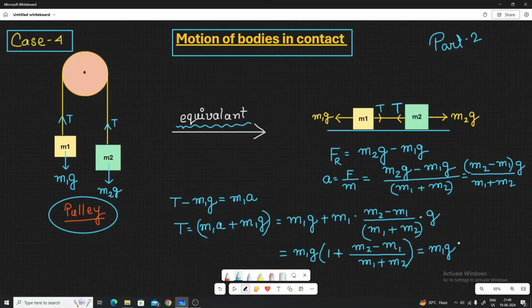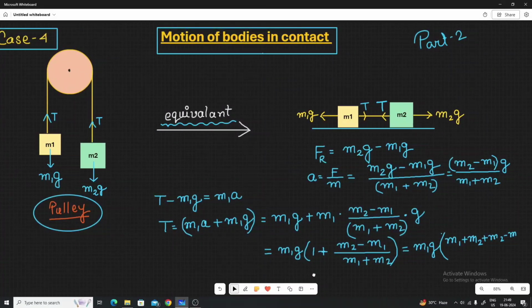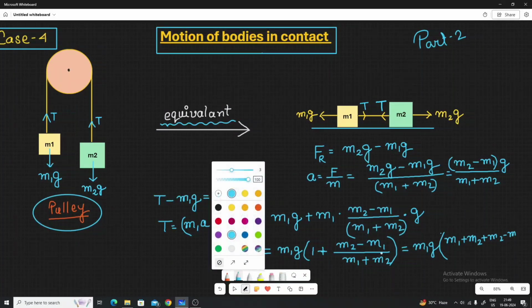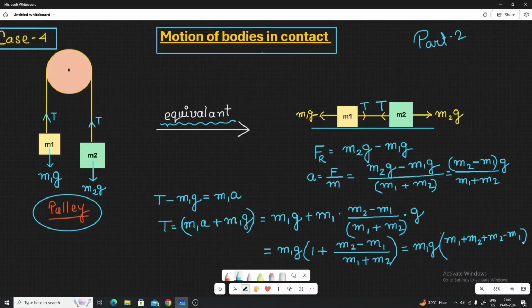That is M1G times the bracket of M1 plus M2 plus M2 minus M1, divided by M1 plus M2.